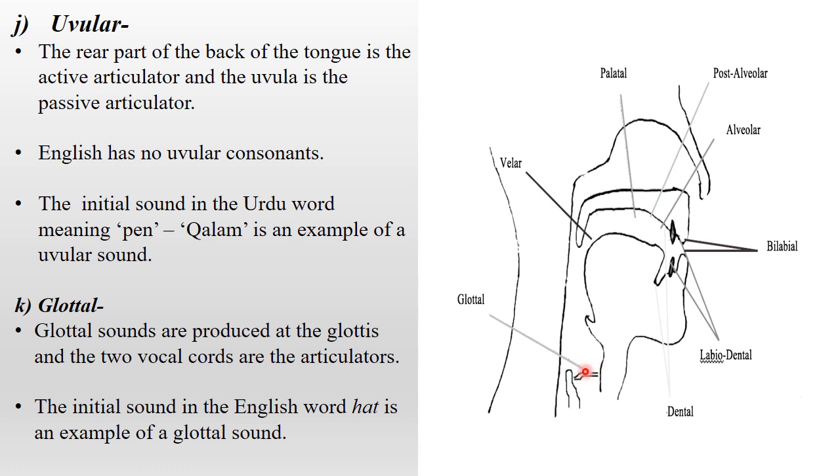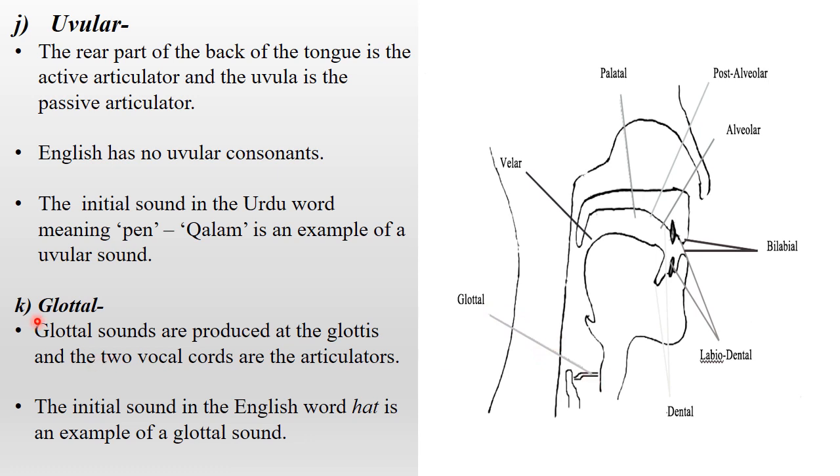You can try and produce all of these sounds practically to get more understanding. When you pronounce the word hat, during the production of that h sound, the air is passing through the vocal cords, through the glottis.